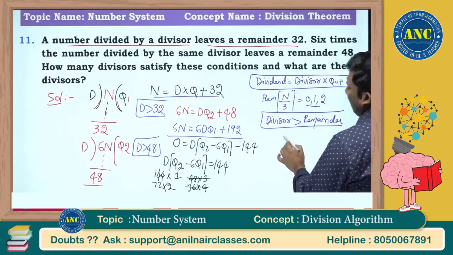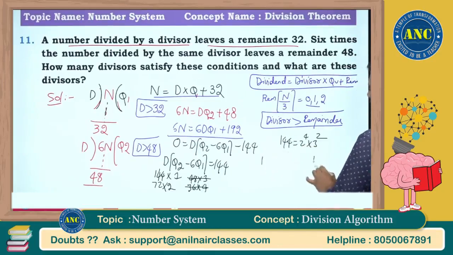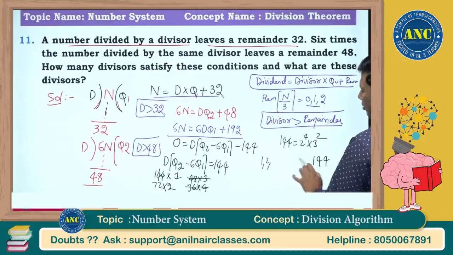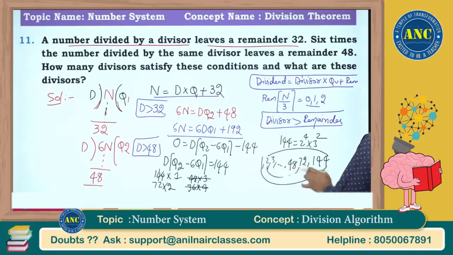How to find the factors? 144 is 2 power 4 into 3 square. First write down 1, 144 by 1 is 144. Second write down 2, 144 by 2 is 72. Third write down 3, 144 by 3 is 48. Because first into last is the number.